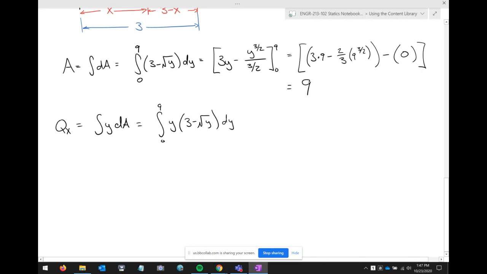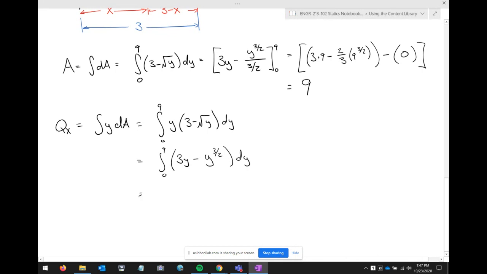Okay. We've got to roll up our sleeves and get our calculus muscles flexing on this. So I'll walk you through this integral. It's not too bad. So we integrate 0 to 9. We've got 3y minus, if we have y times y to the 1/2 power, that's y to the 3/2 power.